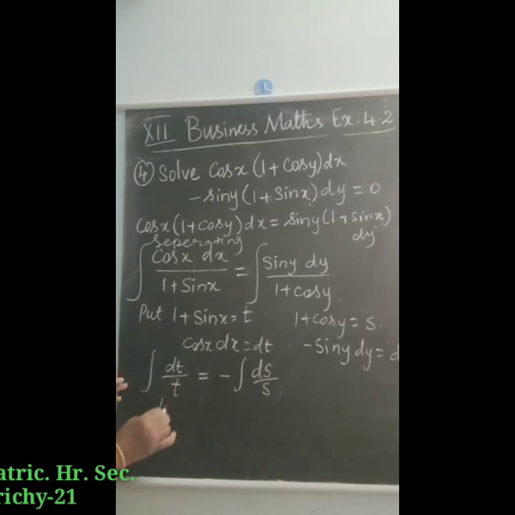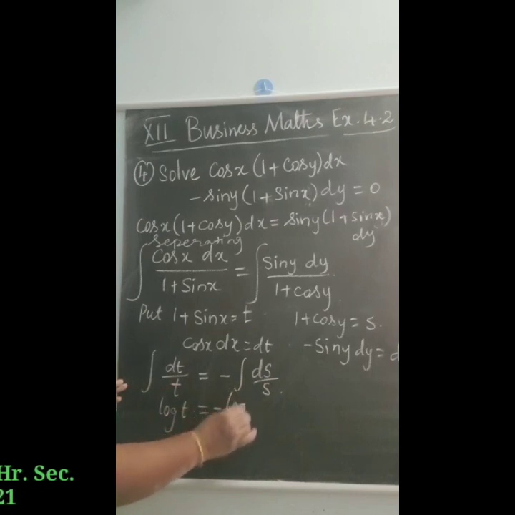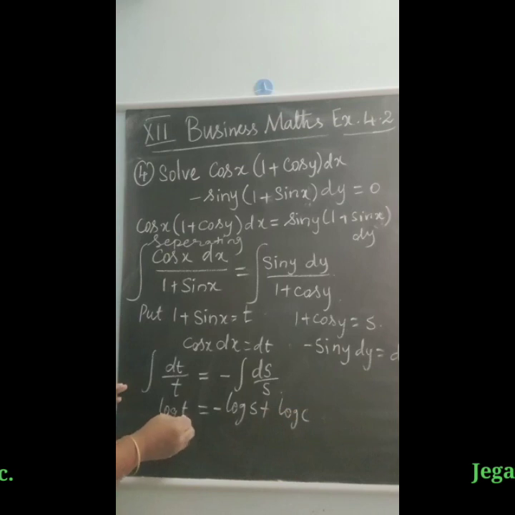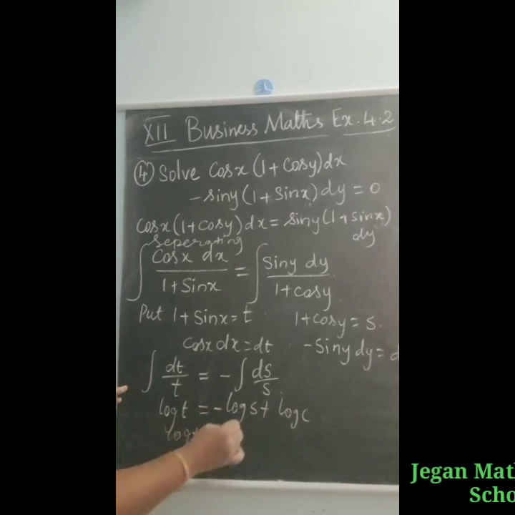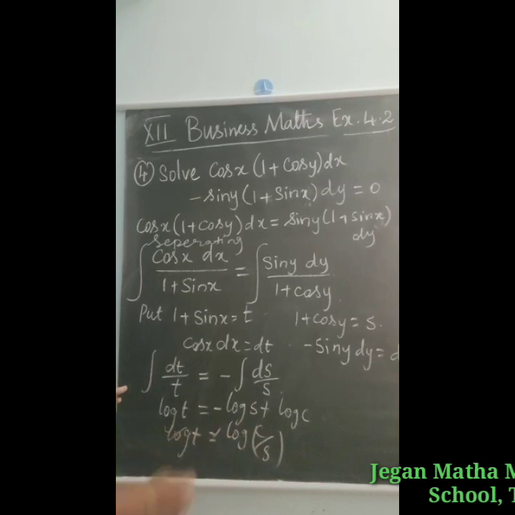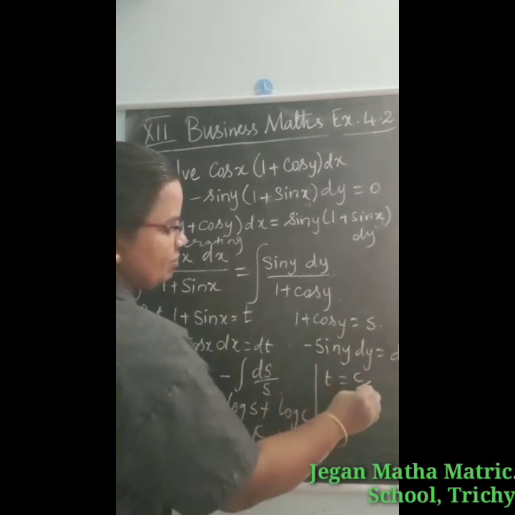Integrating, we get log t is equal to minus log s plus log c. Log t with the minus means you take it as c by s. So log t is equal to log of c by s. The log cancels, so t is equal to c by s.